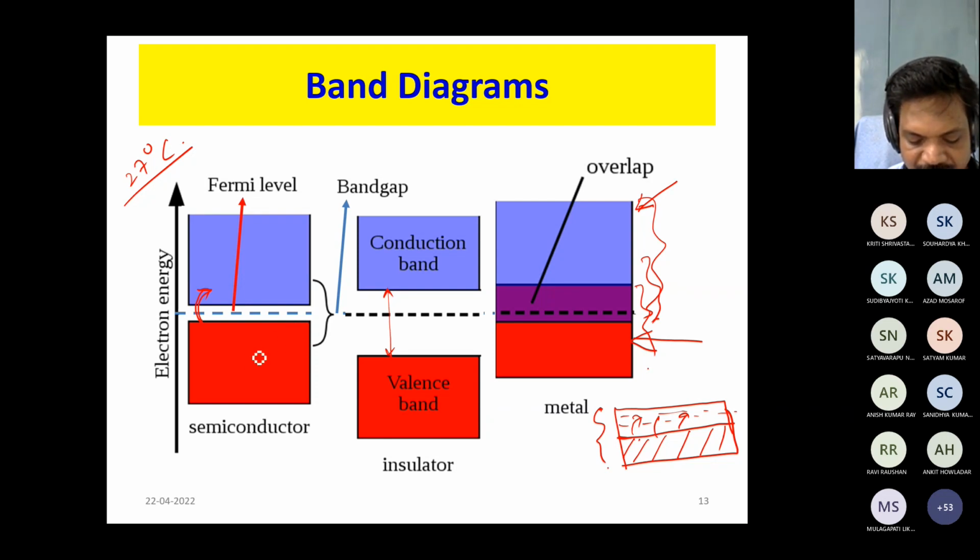Now, so far, I told you that in allowable energy states, the electron can reside. In the valence band, all the energy states are occupied by the electrons.